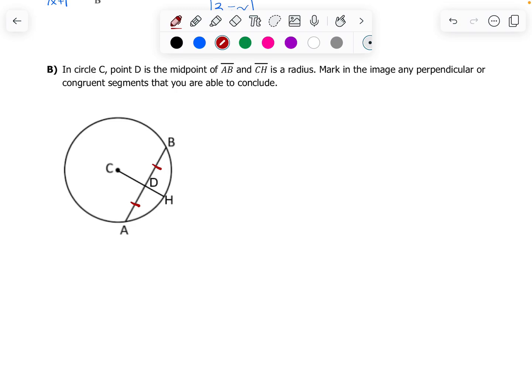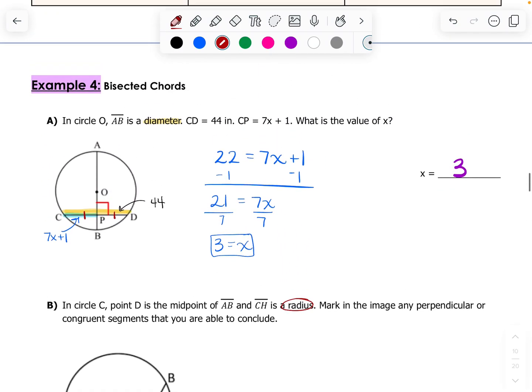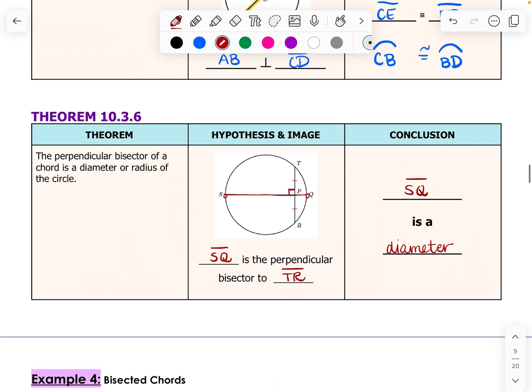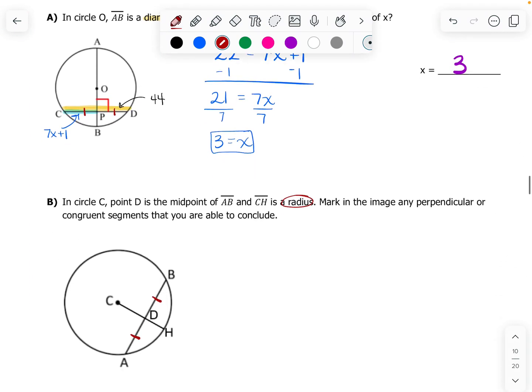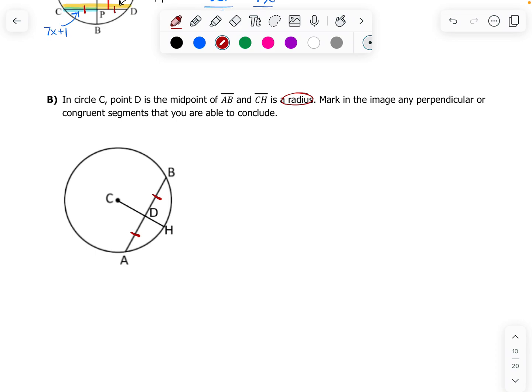Also, because CH is a radius, and up here it says the perpendicular bisector of a chord is a diameter or radius, the only way for this to be going from the center while bisecting is if it is a perpendicular bisector. And we are done with that.